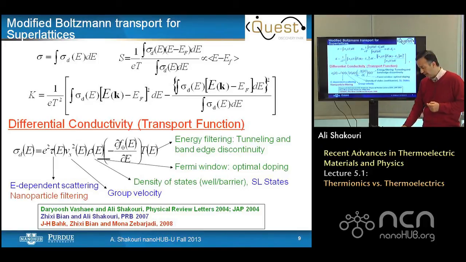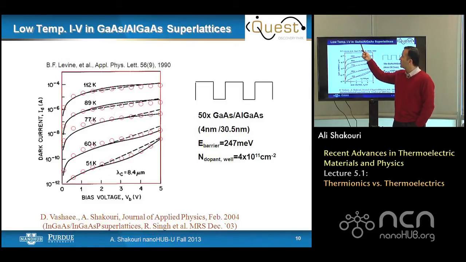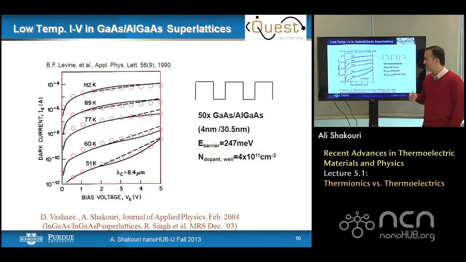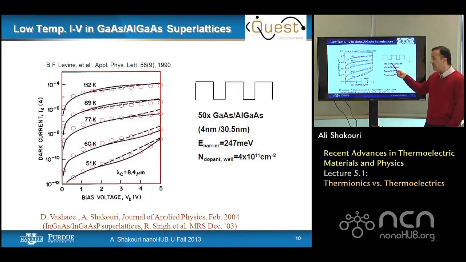How do you verify that this type of formalism can explain the data? Here is an example. There is a lot of data in the literature that describes current-voltage in superlattices for applications such as quantum well infrared detectors. For example, in this case, some of the early work of Barry Levine is 50 periods of gallium arsenide quantum wells, 44 nanometer wells, 30.5 nanometer barriers, very thick barriers.